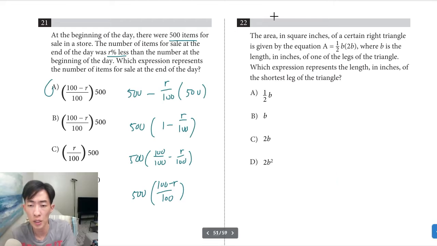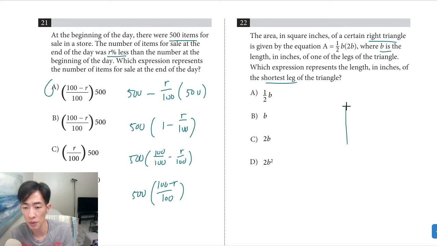Question 22: the area in square inches of a certain right triangle is given by the equation, blah, blah, blah. B is one of the legs of the triangle. Which expression represents the length of the shortest leg? What I did was I basically drew a triangle, and it says B is the length of one of the legs.